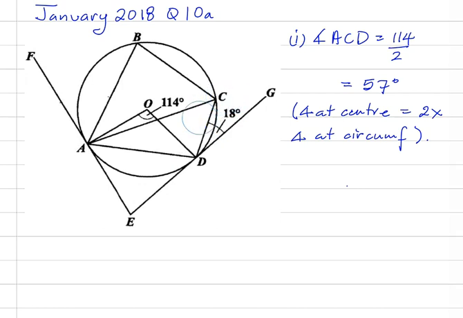Angle AOD is called the angle at the center, and angle ACD is called the angle at the circumference, and it's equal to 57 degrees.